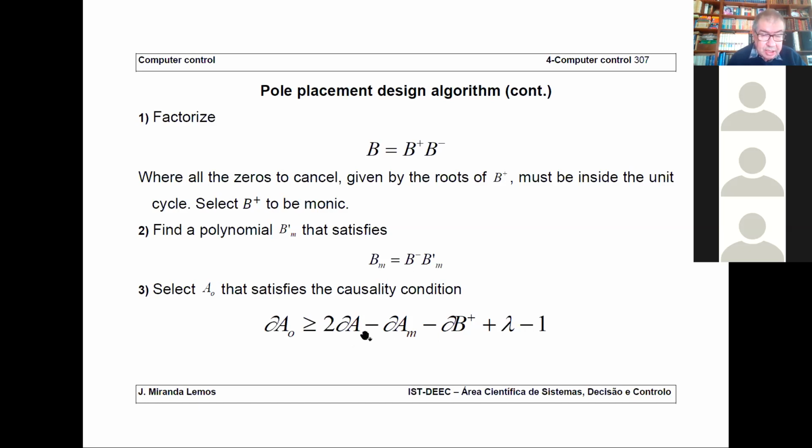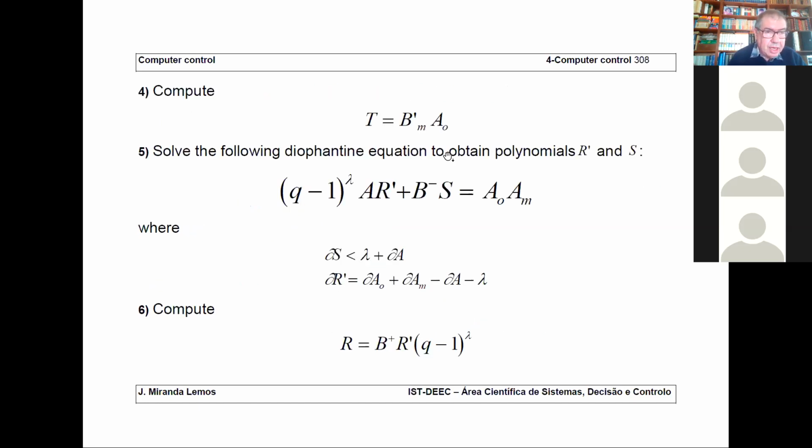You know everything here: the degree of the open loop denominator polynomial, the desired denominator polynomial, the number of zeros to cancel, the number of integrators. Now compute T equal to B prime M times AO.